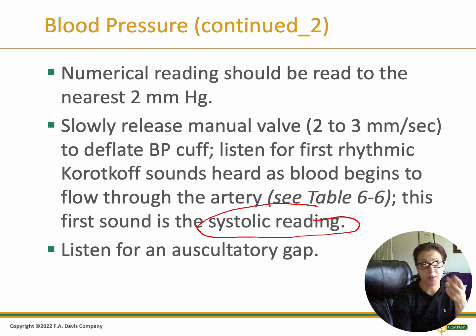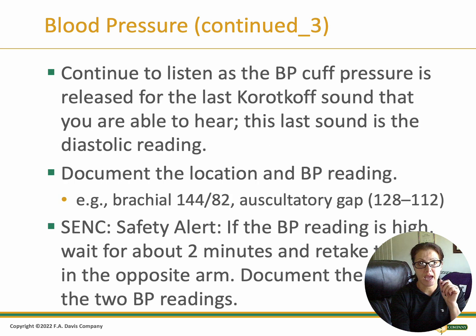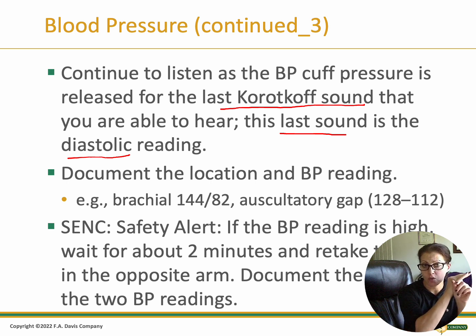You keep listening carefully, and once that sound starts to mellow out, you'll be going through your Korotkoff sounds. That first beat is your first Korotkoff sound, and your systolic sound. The last sound that you hear is your diastolic sound. Make sure you're listening carefully when it first starts and when it ends.